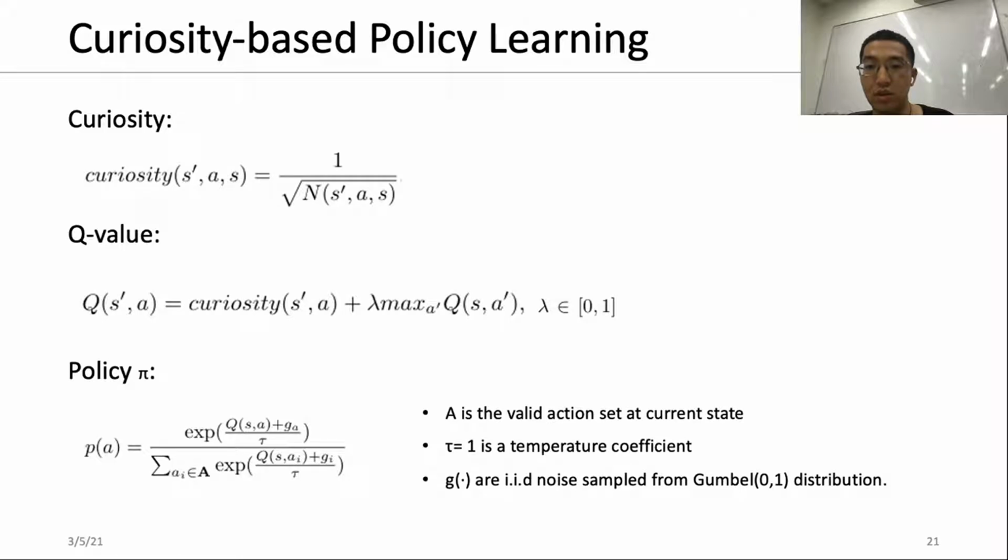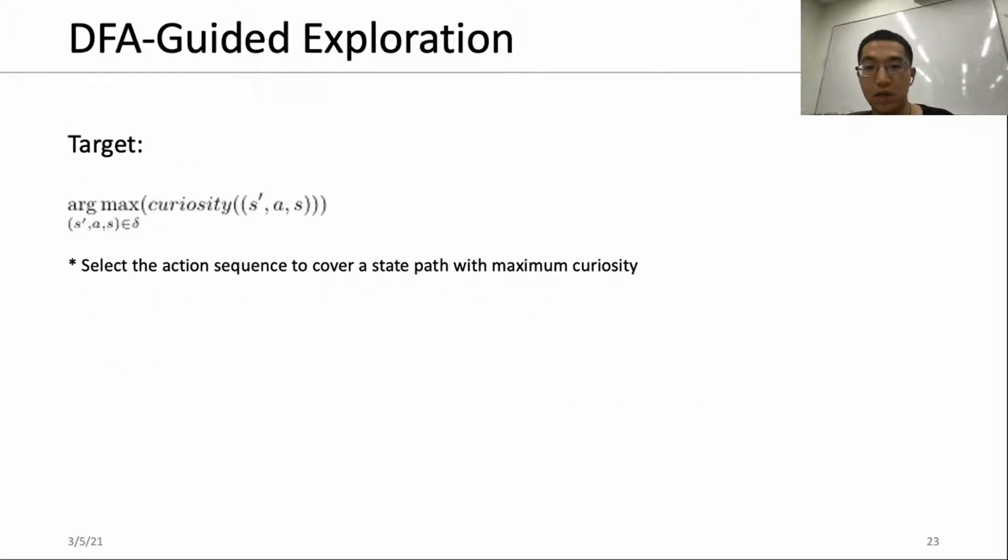The action selection policy is still defined by a softmax, where function G is a noise sampled from the Gumbel distribution. A is the valid action set at the current state. As for the DFA-guided exploration, we select the shortest path with maximum curiosity.